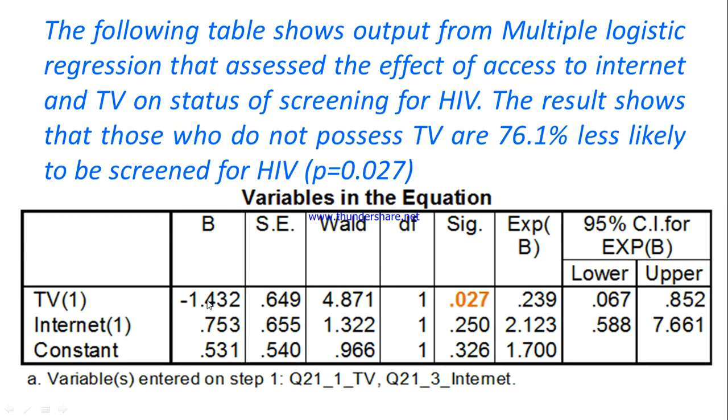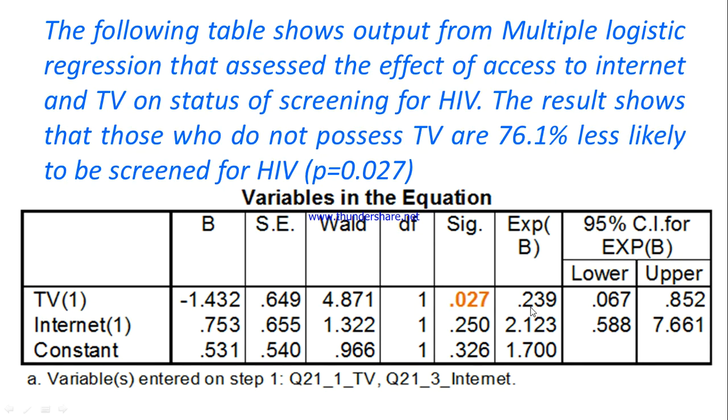And as you can see, the beta value is negative. This means that people who do not have televisions are less likely to be tested for HIV/AIDS. Why? This has to be discussed in relation to the existing body of literature anyway. If you look at the level of significance, 0.027, which is very significant. In terms of odds ratio, it is 0.239.